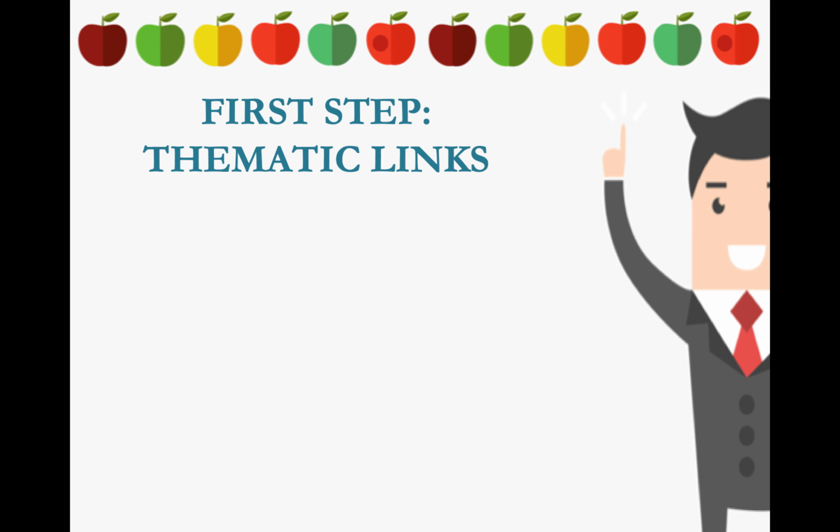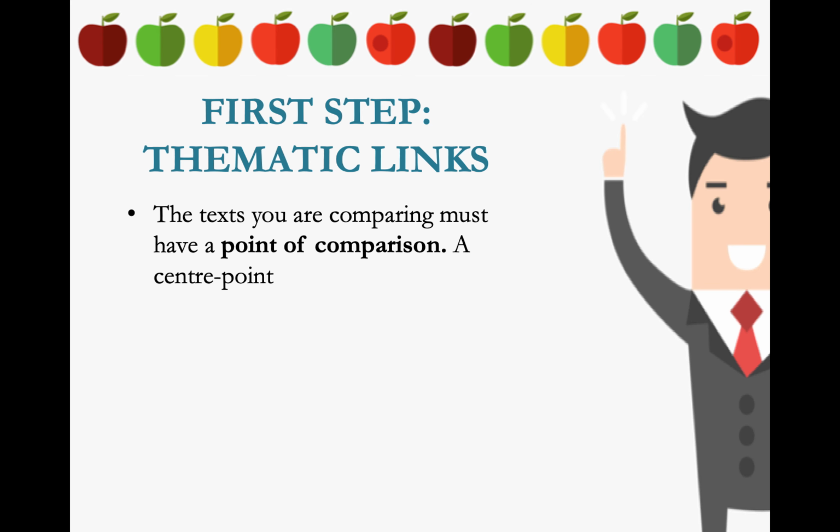So the first step when you're thinking about writing a comparative essay is to come up with the thematic links between texts. The texts you're comparing must have a center point. They must have a thing that connects them, that makes them worth writing about. We have had in the past some really fantastic analytical essays comparing a novel to a film whose ideas and genres were completely separate, so the comparisons became a bit pointless despite the fact the analysis was top-notch.